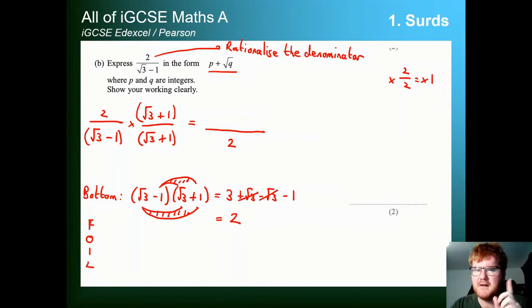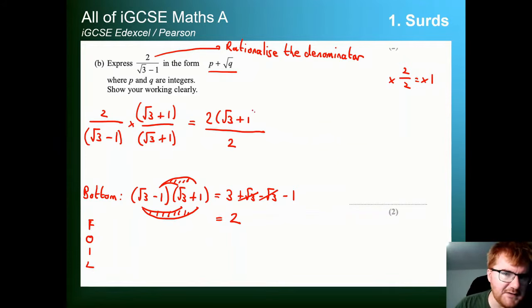Now, we're going to be smart about how we approach this question because we've got 2 times this. Now, many people will just expand the bracket straight away. But there's no need to actually do this in this case. We could, but an easier way of simplifying this, notice we have a 2 on the top and a 2 on the bottom.